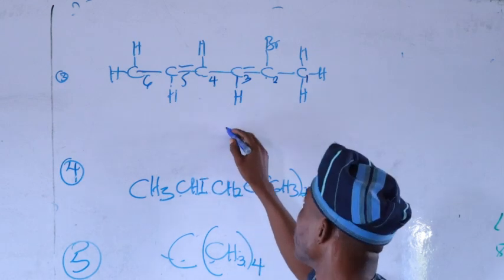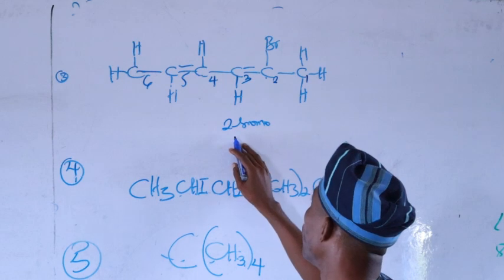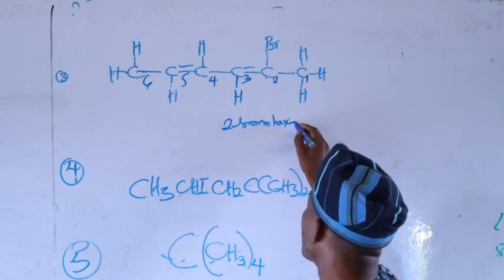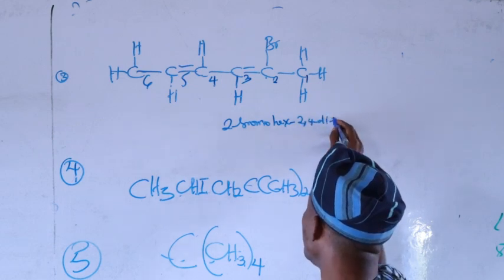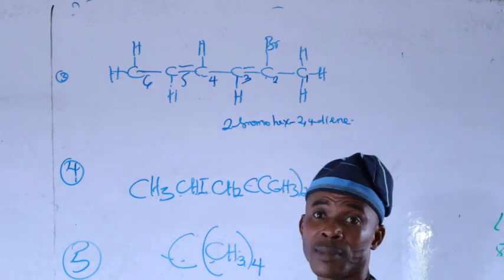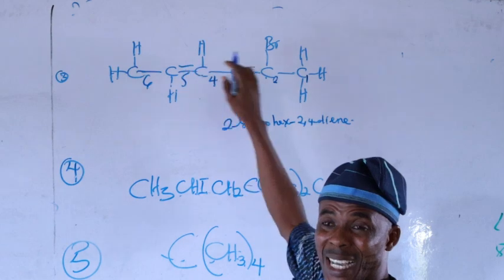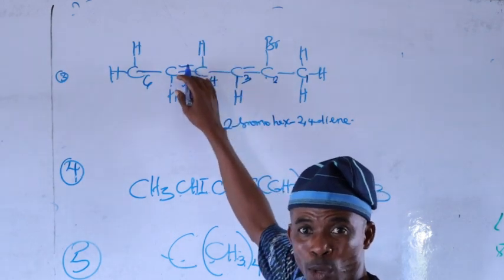Then there will be what? 2-bromo. What? Hexa-2,4-diene. Because there are 2 alkene functional groups attached to this carbon.